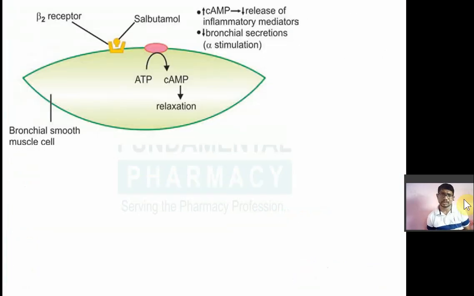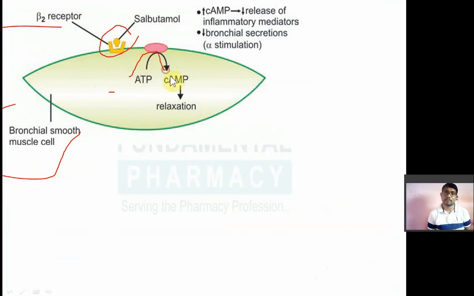You can say over here the mechanism of action of selective beta-2 agonist. Suppose this is your bronchial smooth muscle cell. So beta-2 agonists salbutamol, terbutaline, formoterol, salmeterol will combine with the beta receptor and will increase the formation of cyclic AMP from ATP.